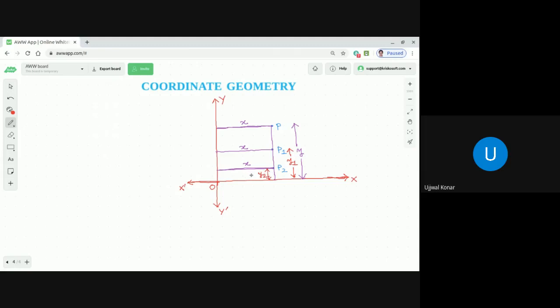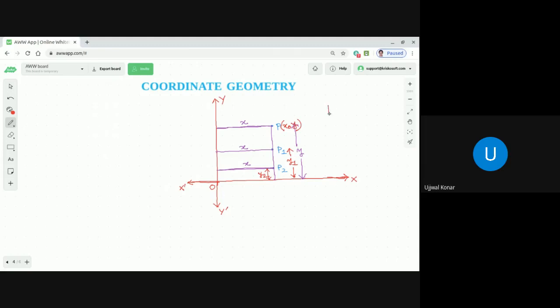So how far it is from the x-axis and how far it is from the y-axis has to uniquely position both points. If you look into this, the point P, which is at a distance x from the y-axis and y from the x-axis, its coordinate we define as x comma y. Correct?